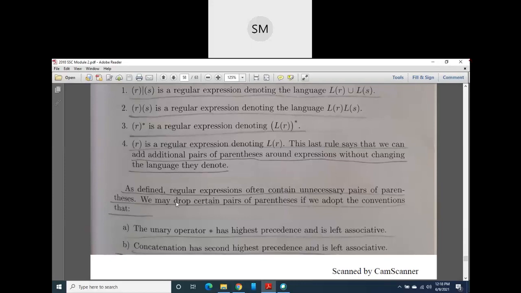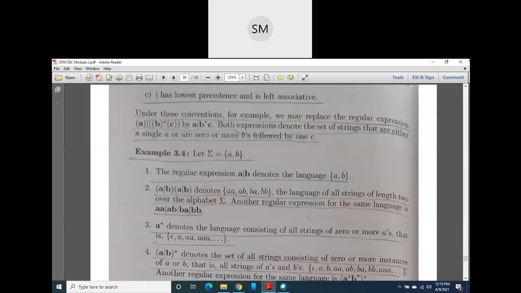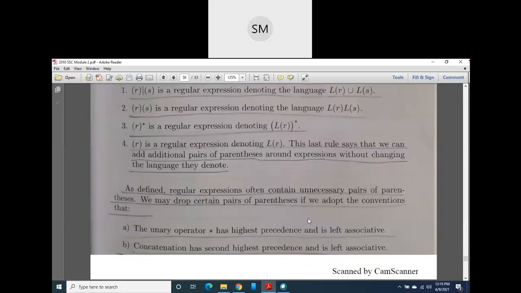So how do we remove these unnecessary pairs of parentheses? To remove these unnecessary parentheses or brackets, we use some conventions here. What are those conventions or practices? The unary operator star, don't get confused. Star is not a multiplication operator here. A multiplication operator is a binary operator because it operates on two operands.